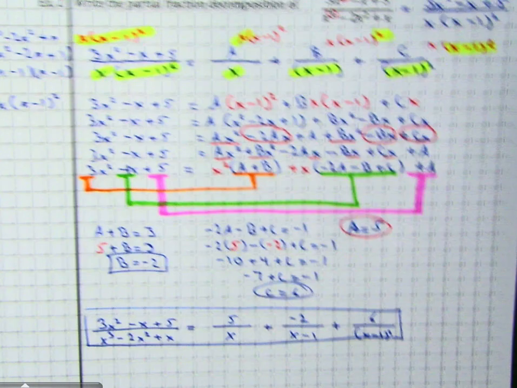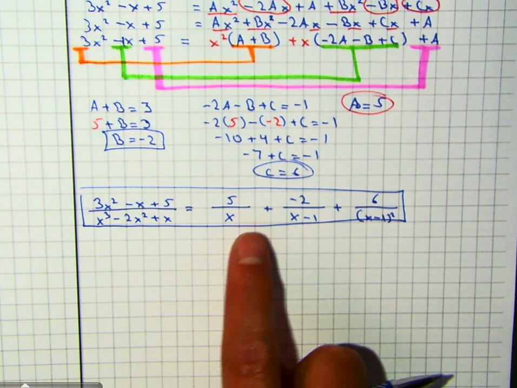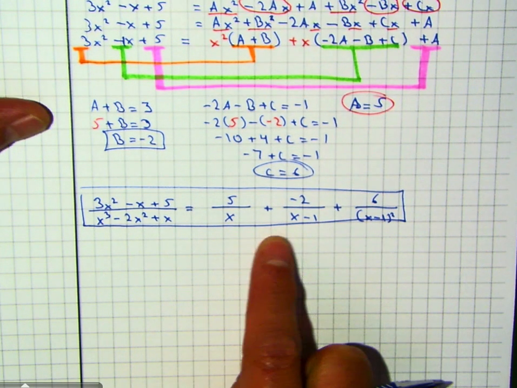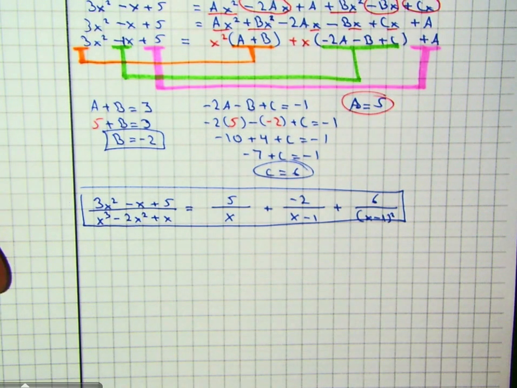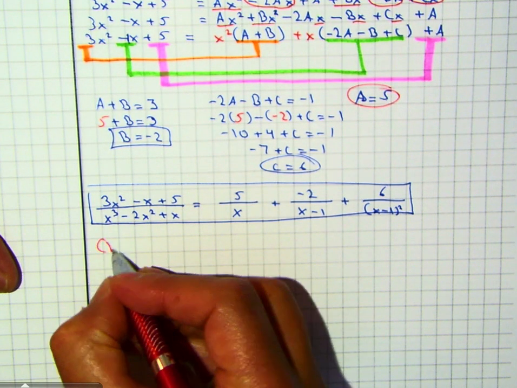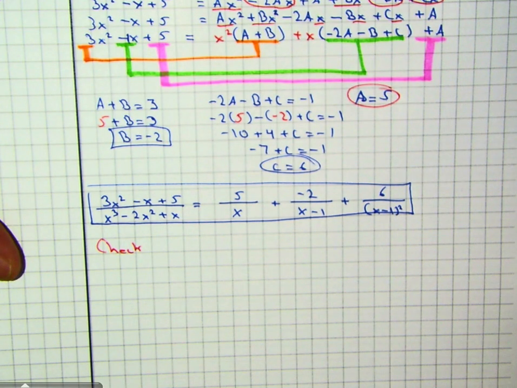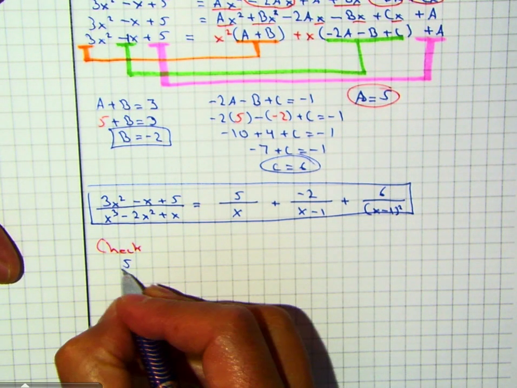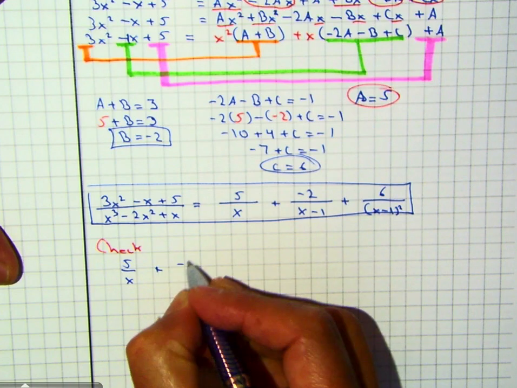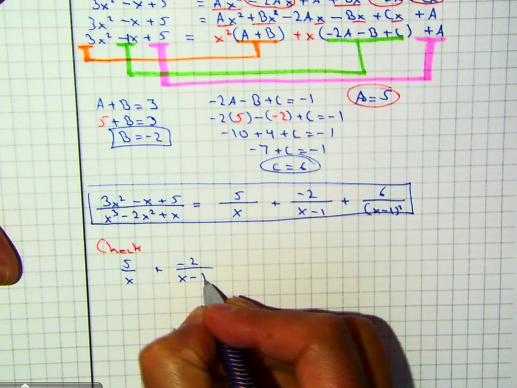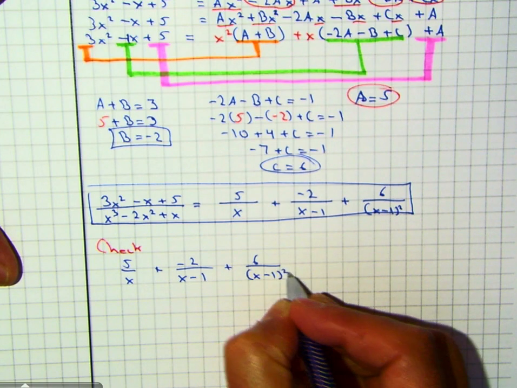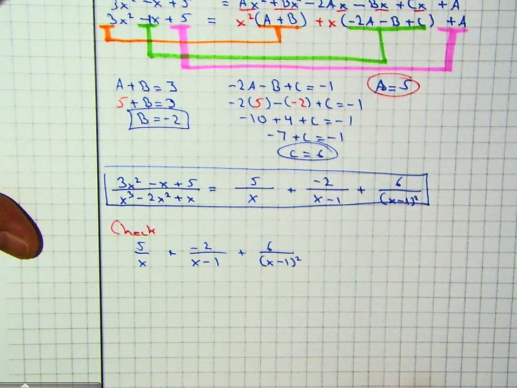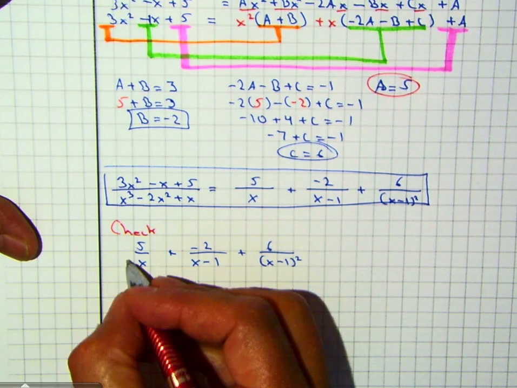Now, how can we check it? We can add all those three expressions, and that should be equal to this. Should we try it? Sure, let's try it out. Adding them at this point is a very quick process. So therefore, I need to have the same denominator in order to add three fractions.